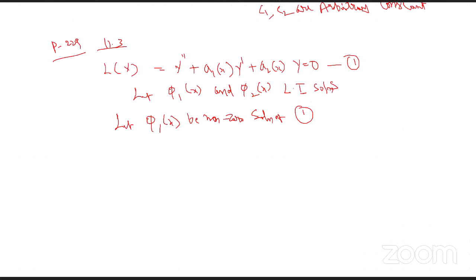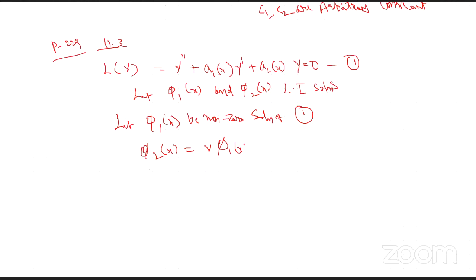We replace C1 by an unknown function V of x and determine V. So phi 2 of x equal to V into phi 1 of x is the other assumed solution.